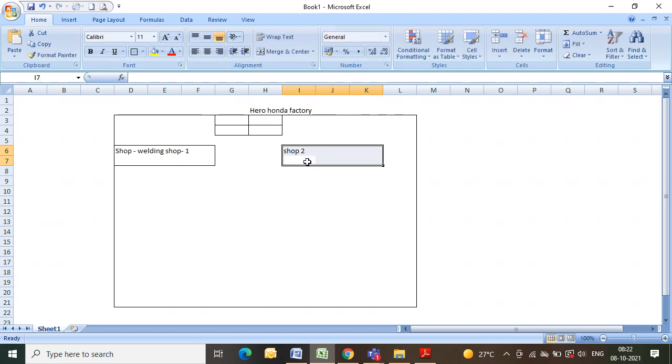After welding there is a bodybuilding shop, where the motorcycle is completely made up. So that is shop two. Then it goes to shop three, where there is an assembly shop.